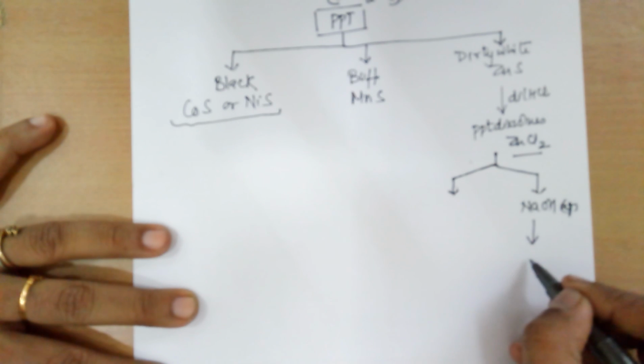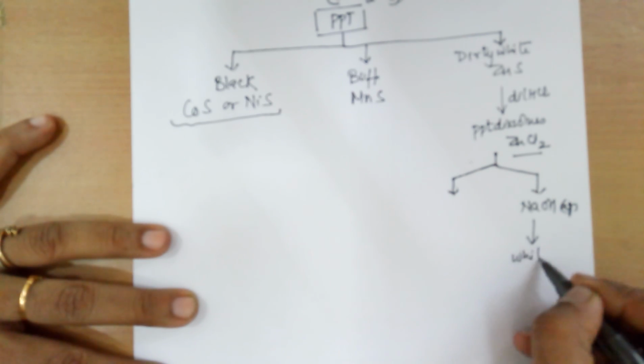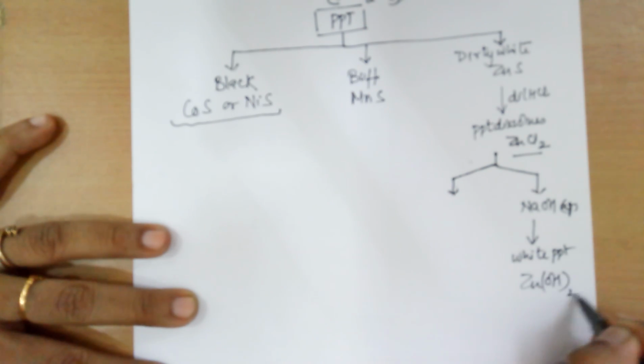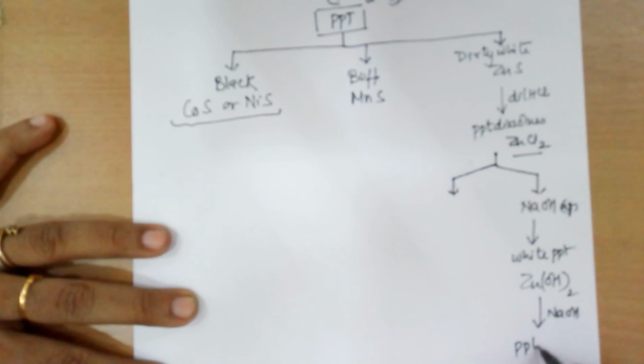You will get a white PPT of zinc hydroxide. In case you continue adding NaOH solution to it, the PPT would dissolve due to the formation of sodium zincate.